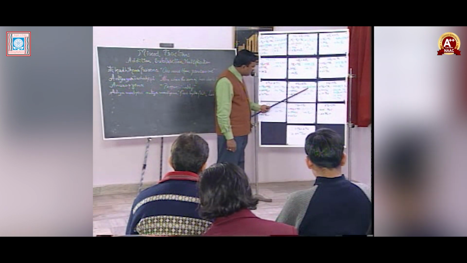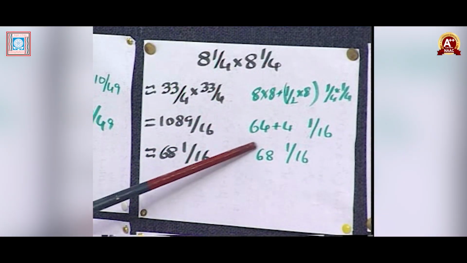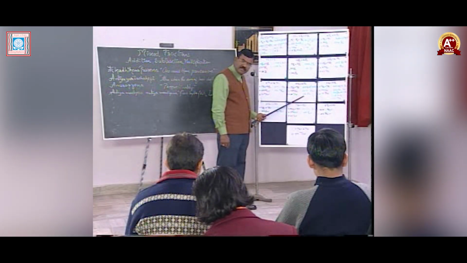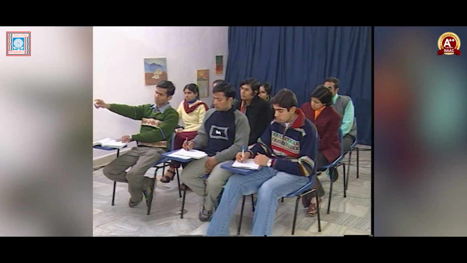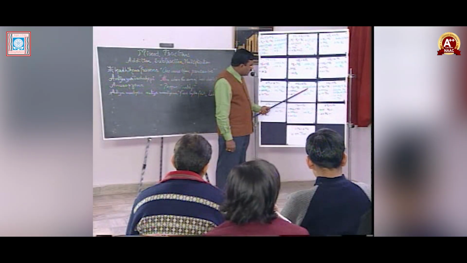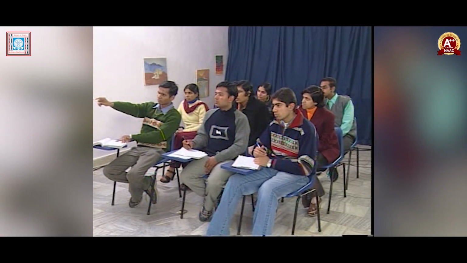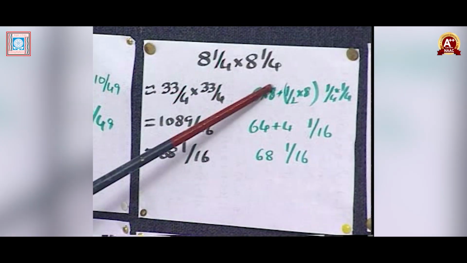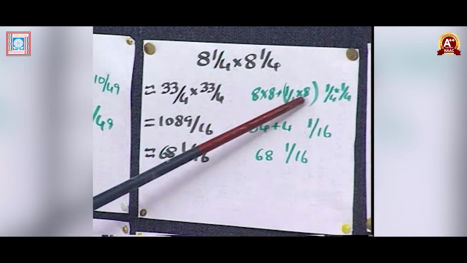Half of 8 is 4. You add 4 to 64 to get the left part of your answer. We multiply half with 8 because 1 by 4 plus 1 by 4 becomes half, not 1. Because of that, you add half of 8.